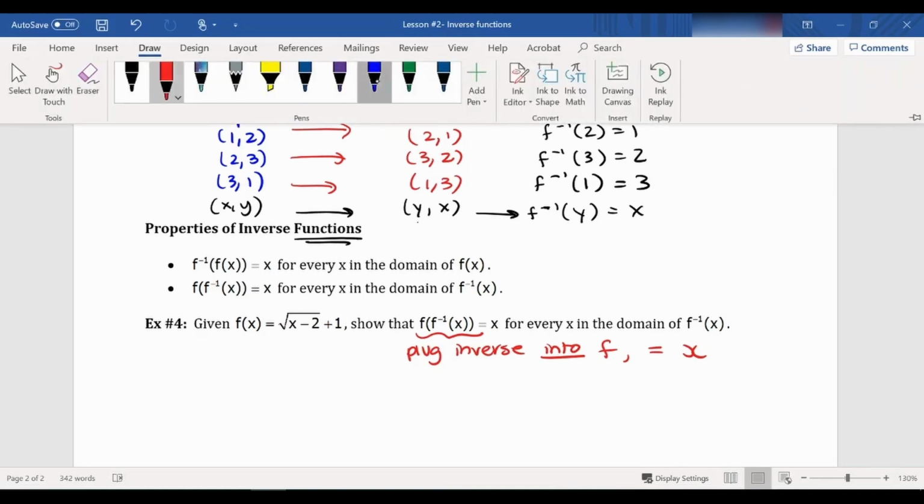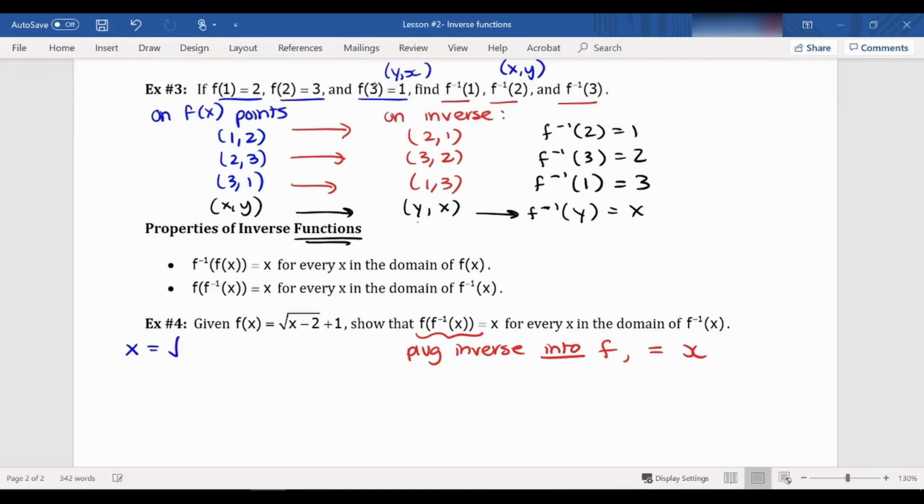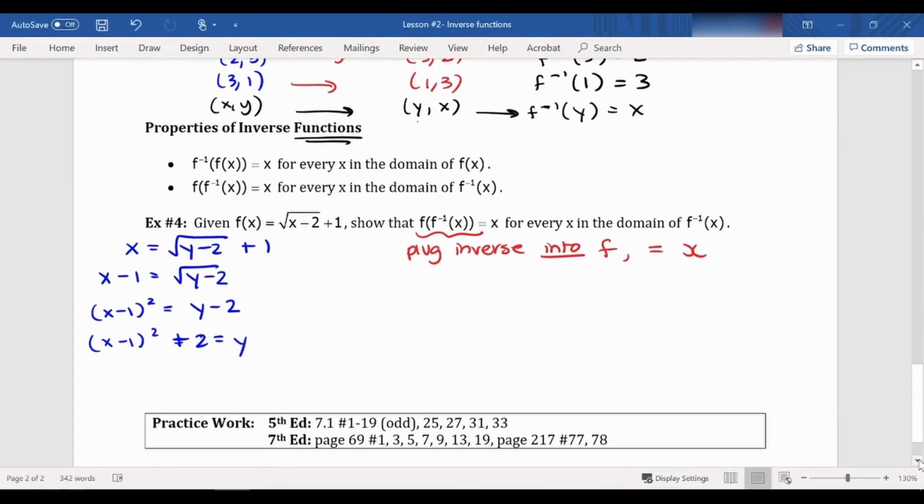So if I want to find the inverse, I would have x equals root y minus 2 plus 1, or x minus 1 equals root y minus 2, or x minus 1 squared plus 2 equals y. So now that we have our inverse, we know this is a parabola, so this is a function.